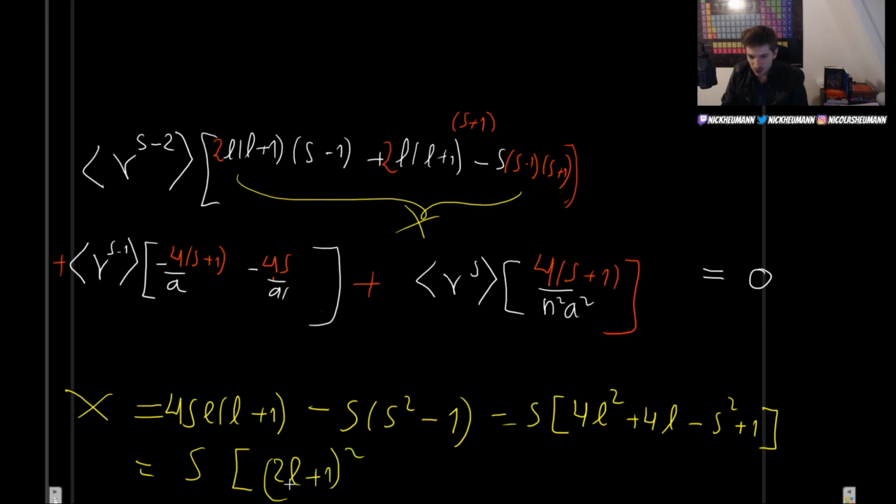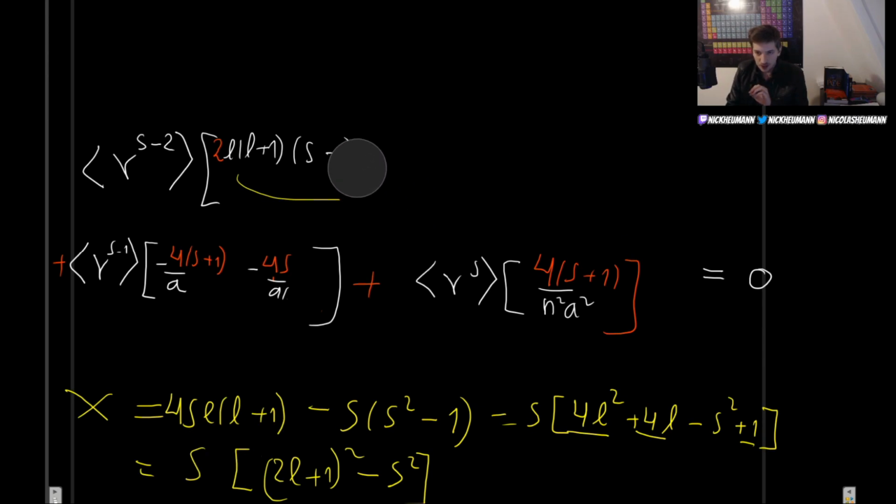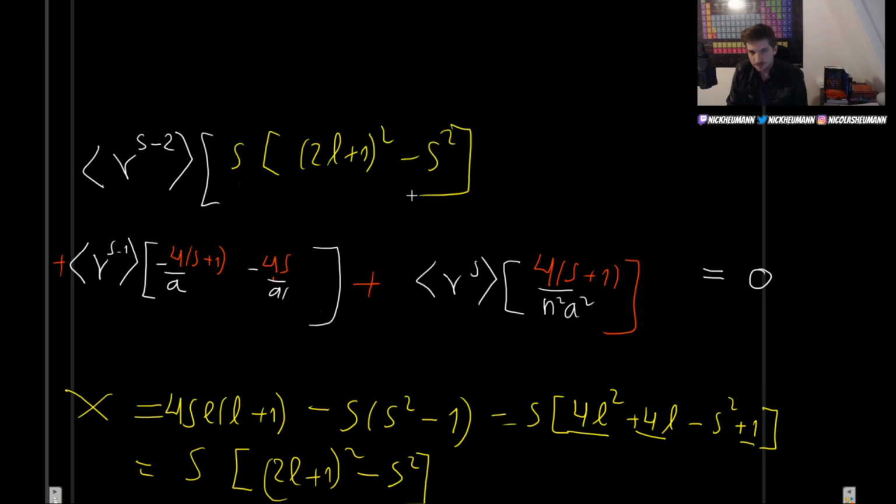We can factor this, 2l plus 1 squared, because the first term is 4l squared, which is here. The second one is 4l, which is here. And the last one is 1 squared, which is right there, minus s squared. Okay, so we can rewrite this monster that we had up there in this much simpler form. So this is going to be s times the quantity 2l plus 1 squared minus s squared. Amazing. I'm missing one parenthesis because of that.